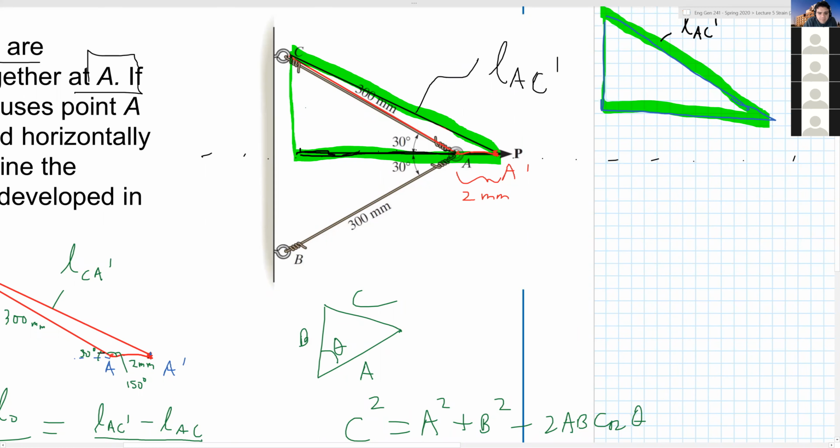So if I know the hypotenuse of 300 and I know 30 degrees, isn't this piece here 300 cosine 30 degrees, right? But then what happened to A? Did A get displaced 2 millimeters to the right? So then it became a longer stretched out triangle, right? So this triangle length on the bottom is 300 cosine 30 degrees plus 2 millimeters, right? Because it shifted over a little bit, 2 millimeters.